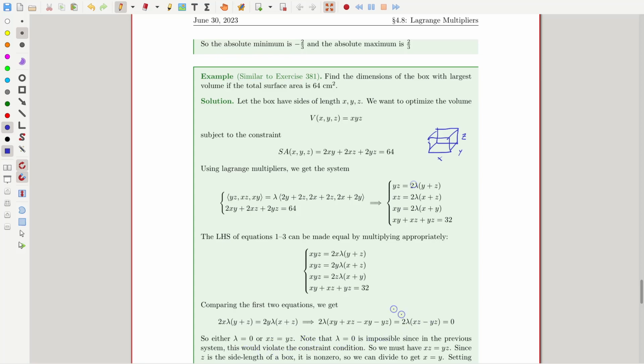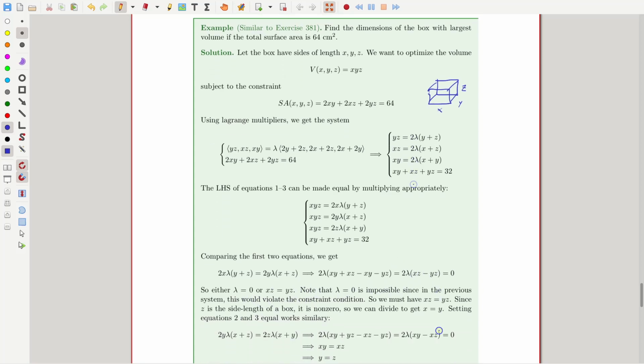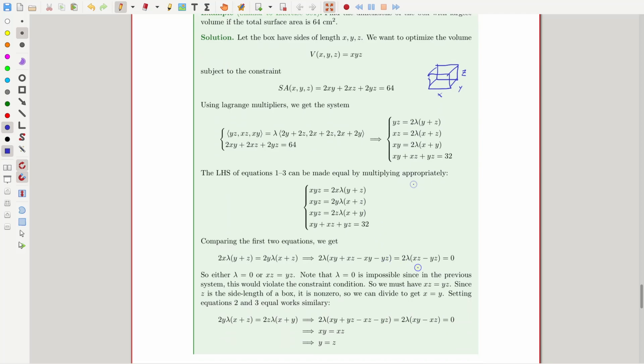Okay, so you see that there are sort of cases, but thankfully I think this simplifies a bit. We don't have to consider the cases because the problem works out nicely with this lambda. So lambda being 0 would make all three of these equal to 0, which would make this left-hand side equal to 0, which would give us an invalid constraint.